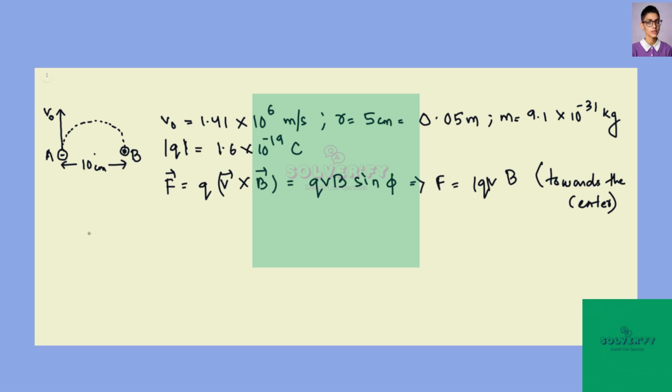The particle is moving in a circle, and for circular motion the acceleration is directed towards the center of the circle. The centripetal force is exerted by the magnetic field, or we can say the centripetal force is basically the magnetic force here, because it is the only force acting on the electron.